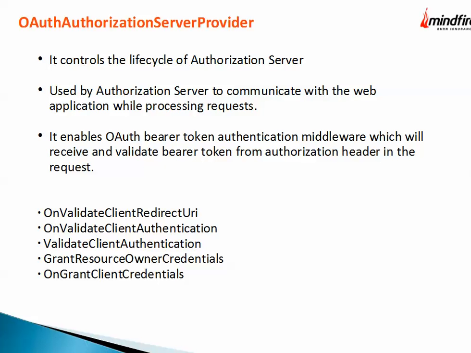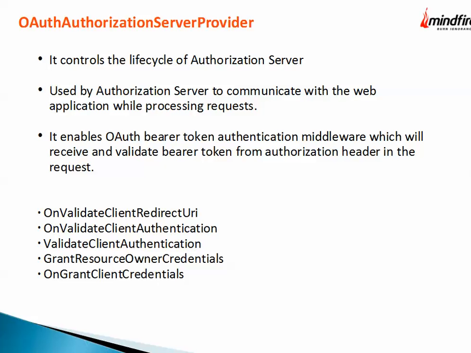These are the functions. These are the events. They will fire serially. On validate client redirect URI, it will validate your URL. Then on validate client authentication, which internally works with the DB, you can validate the access token internally with your authorization server.